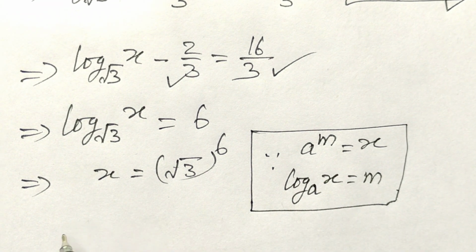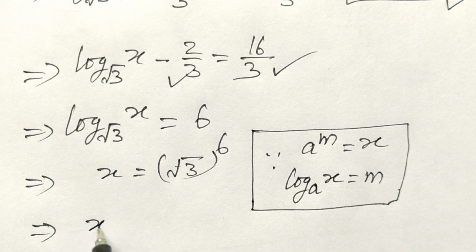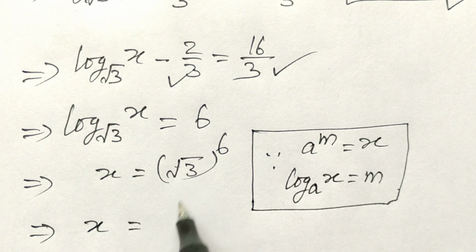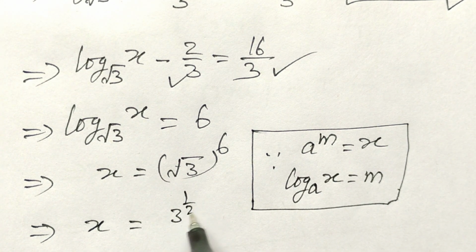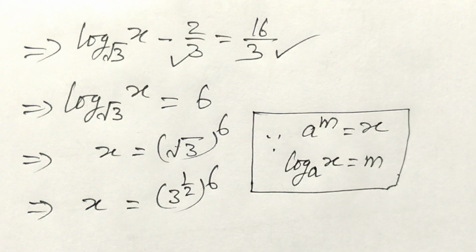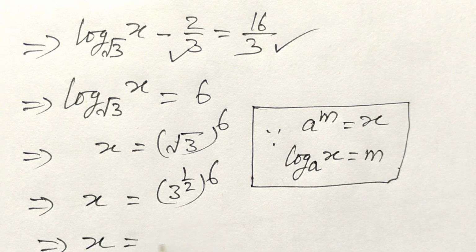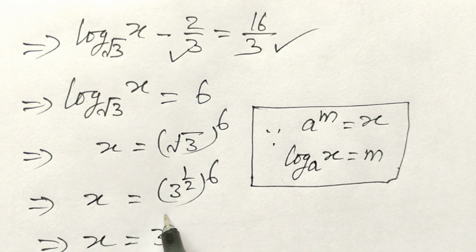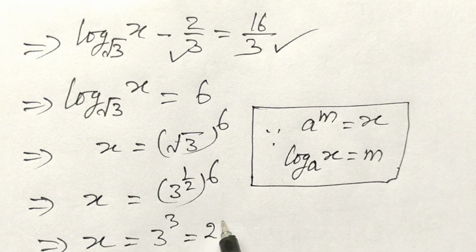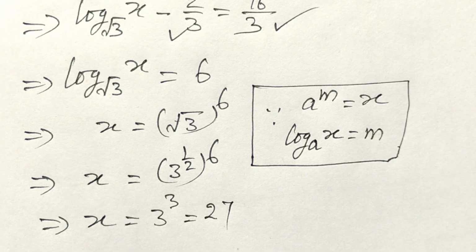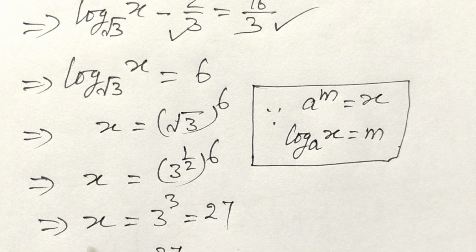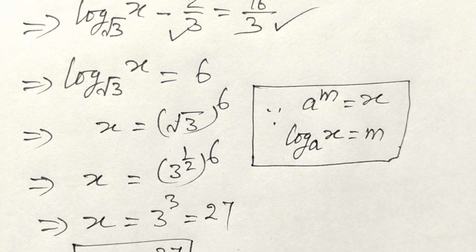Okay. So x is equal to 3 to the power half to the power 6, so x is equal to 3 cube, which is 27, right?